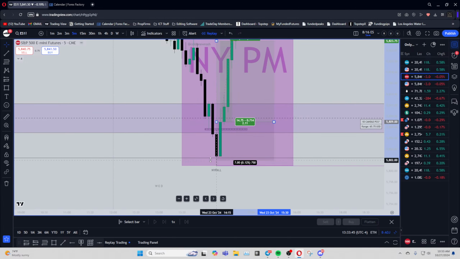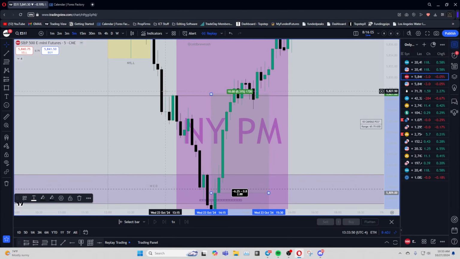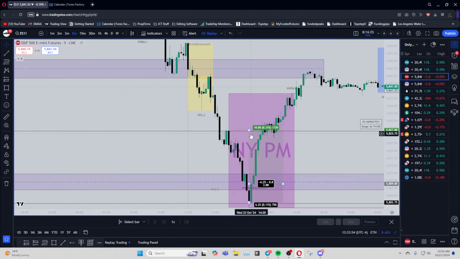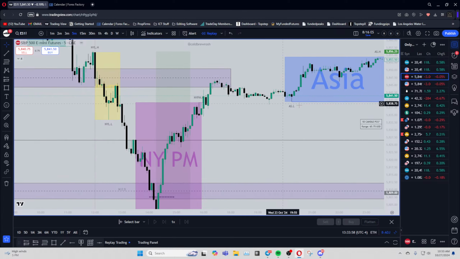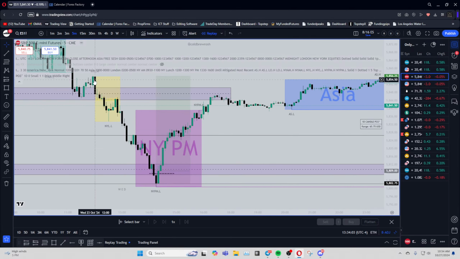Once we have that closure right there, obviously you could partial into here, but when you're in that much of a discount, you could honestly aim for more, something like this, which would be lunch high.